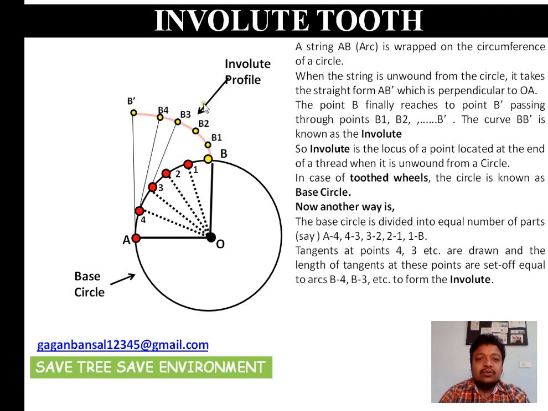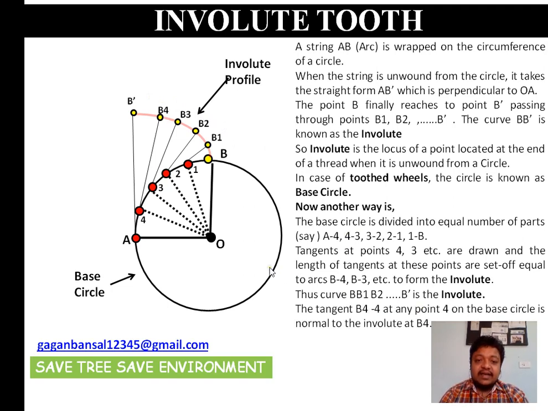Then from 3 to B3 we will draw, then from 2 to B2, then from 1 to B1, the length will be equal to from capital B to 1. And finally the curve, this B, B1, B2, B3, B4, B dash, is the involute curve.